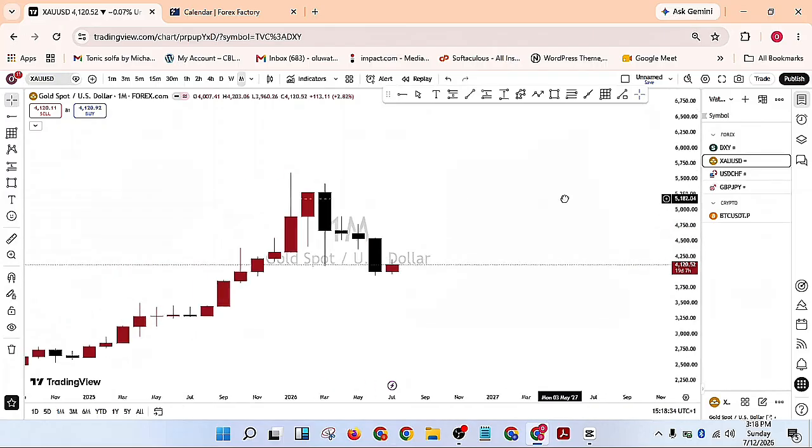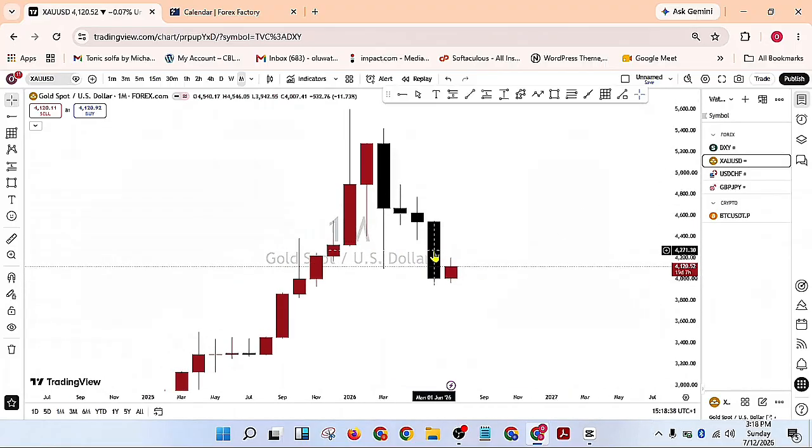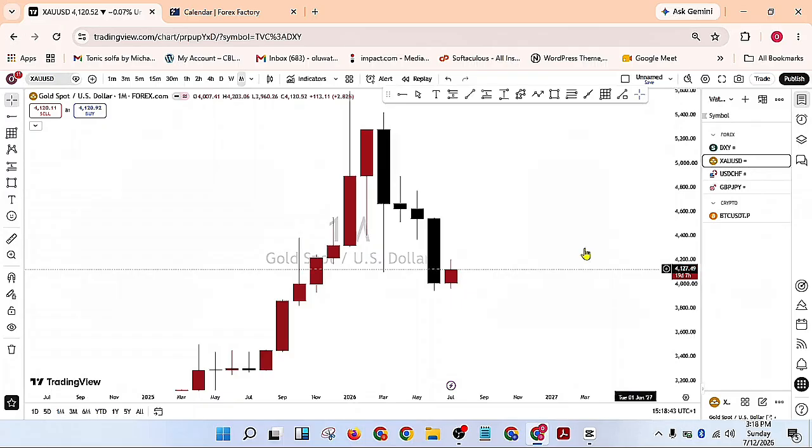If I look at gold on the monthly time frame, you can see the previous month was bearish because DXY was bullish.